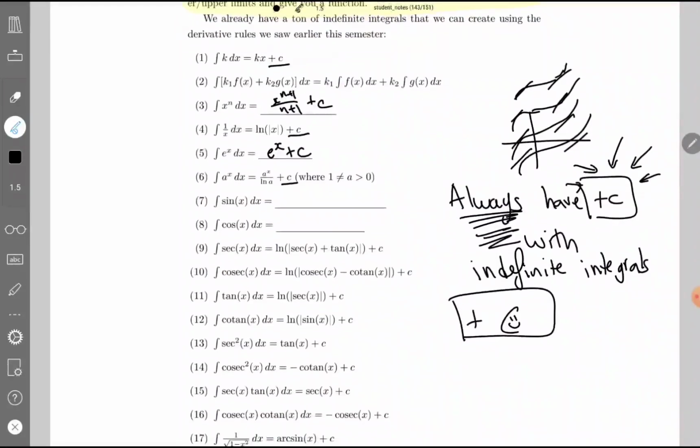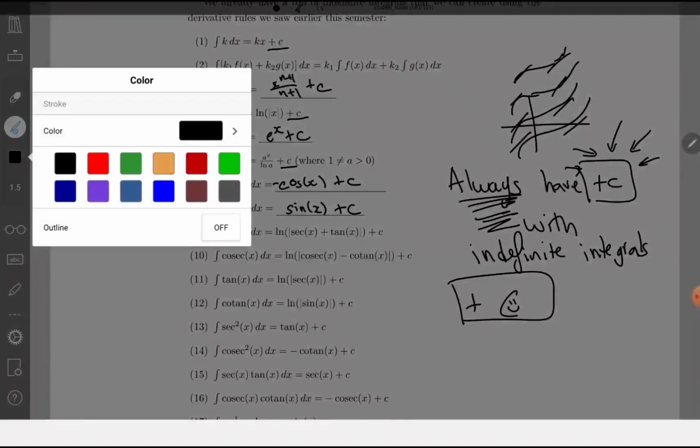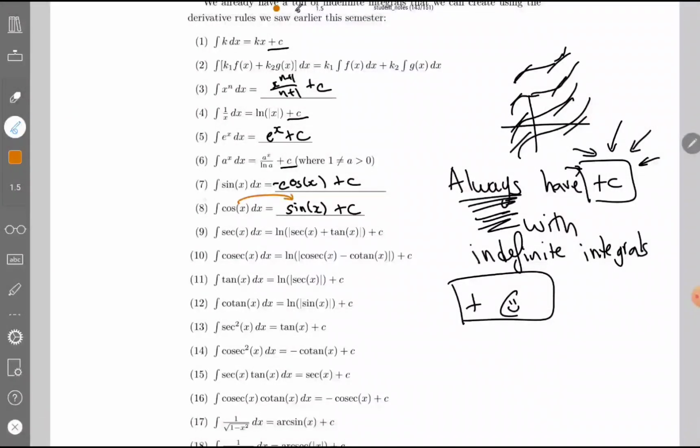Anyway, let's go back to our properties. So here we have the indefinite integral of sine of x. So what's an antiderivative? This is just minus cosine of x plus c. How about cosine of x? Well, this is just sine of x plus c. So notice how, remember, each time here, these are antiderivatives, and then we add plus c.